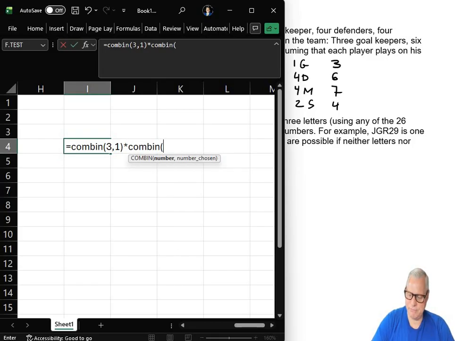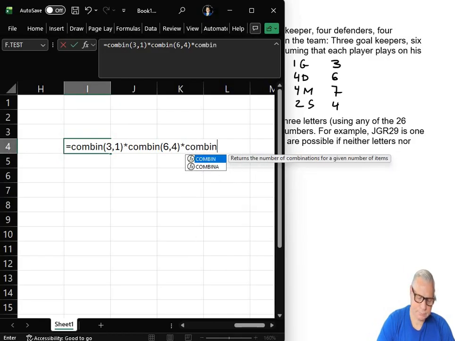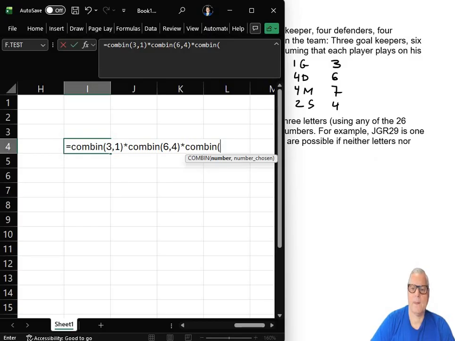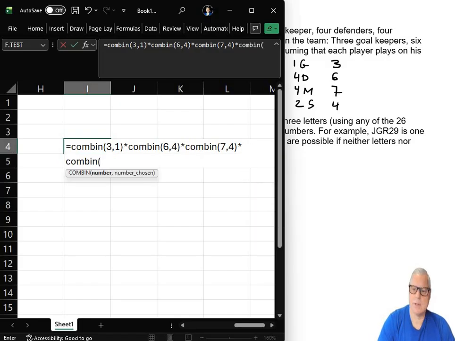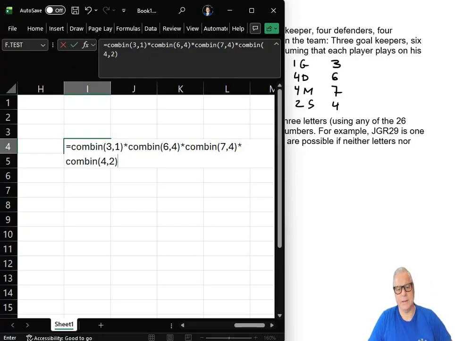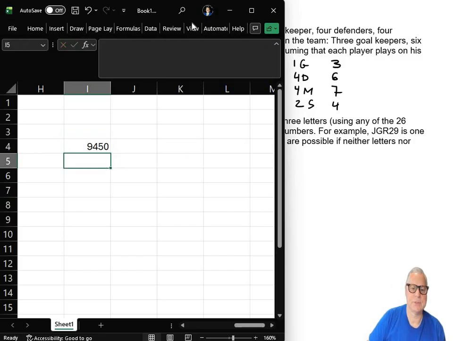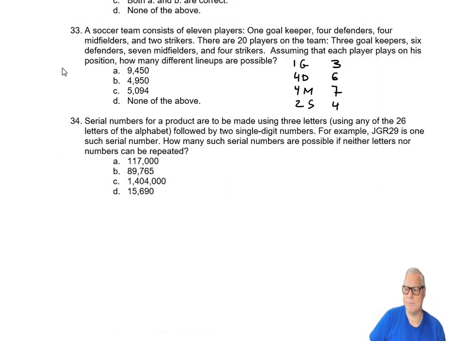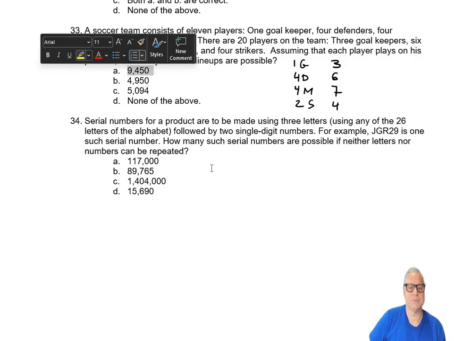We have 6 defenders, we have to choose 4, and combine, we have 7 midfielders, and we have to choose 4, and we have 4 strikers and choose from them 2. That should be the answer, and it's 9,450.